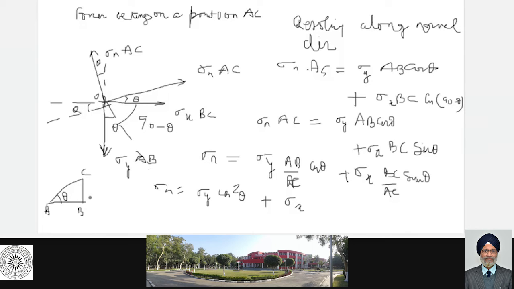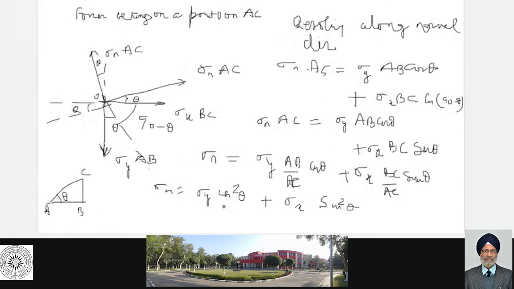BC upon AC, that is perpendicular upon hypotenuse, is sin theta. So it gives you sin square. So sigma n is equal to sigma x sin square theta plus sigma y cos square theta.